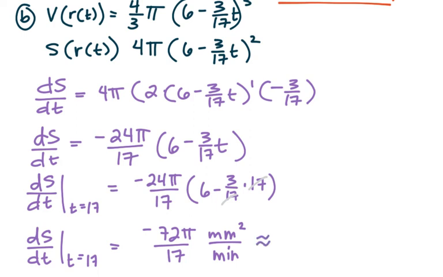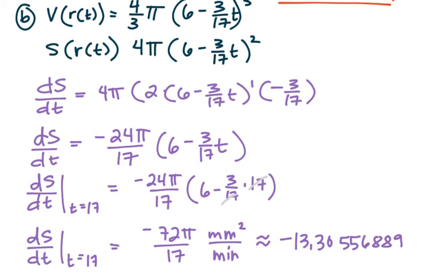Getting an approximate value in our calculator, I have negative 13.305568889. Or we will say that the surface area is shrinking. We know it's shrinking because it's negative, at a rate of about negative 13.3 millimeters squared, surface area units, per minute, time units.